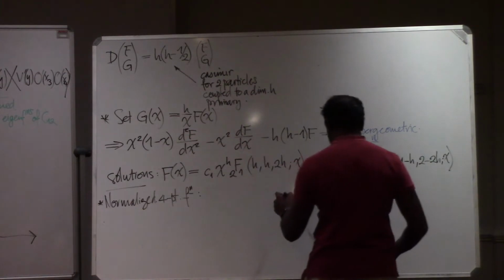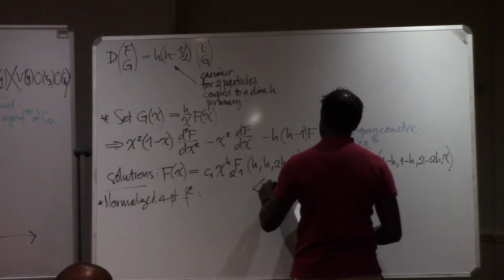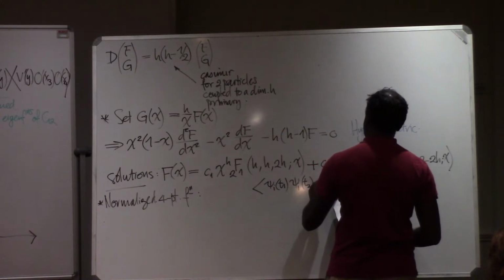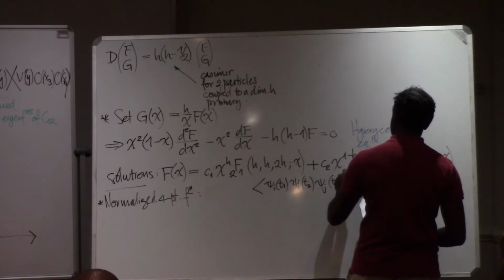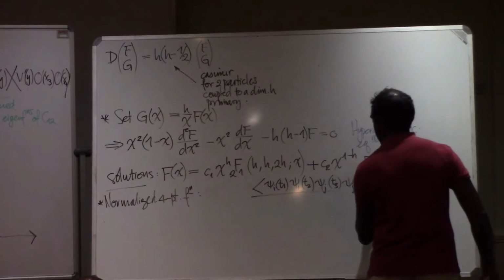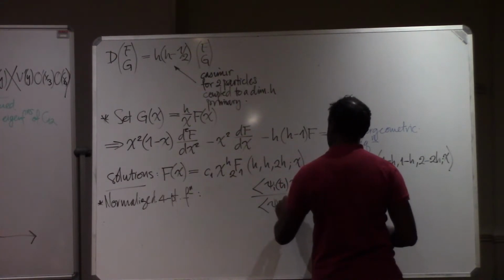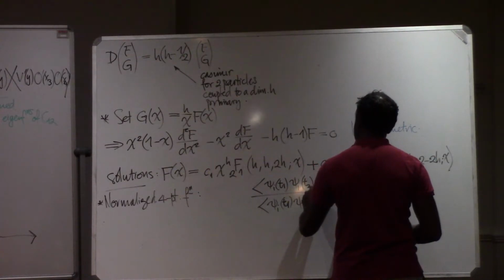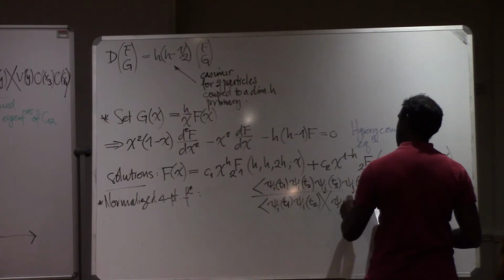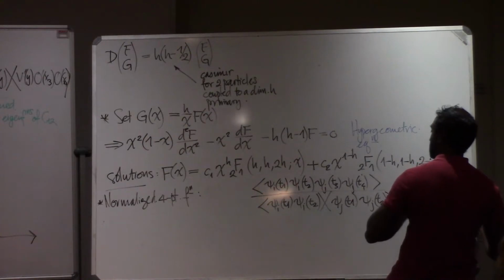In fact, let me write it like this. Normally, if I wanted the normalized 4-point function for these fermions, I would write down psi i, t1, psi i, t2, psi j, t3, psi j, t4, divided by the 2-point function of psi i, t1, psi i, t2, times the 2-point function psi j, t3, psi j, t4, and such.